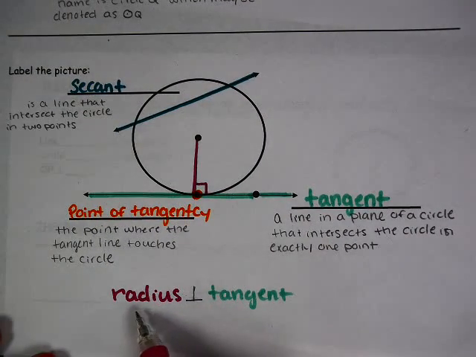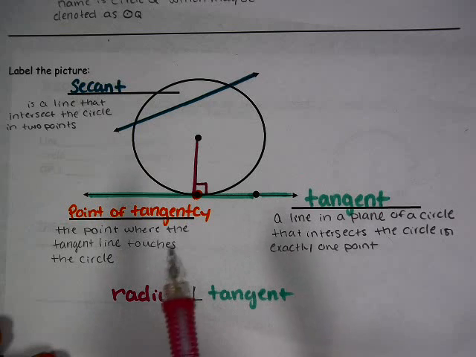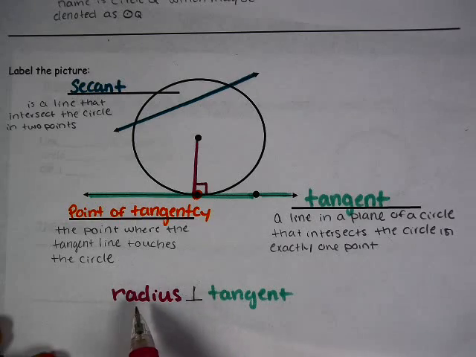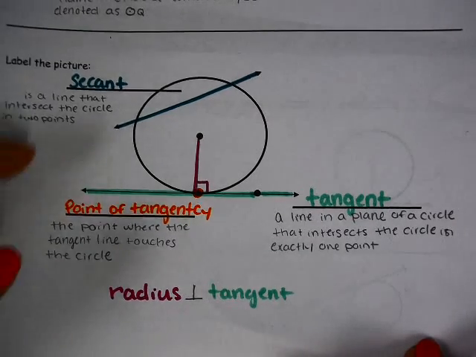So basically what you need to take from it is that the tangent at the point at which it touches the circle is going to be perpendicular to the radius.